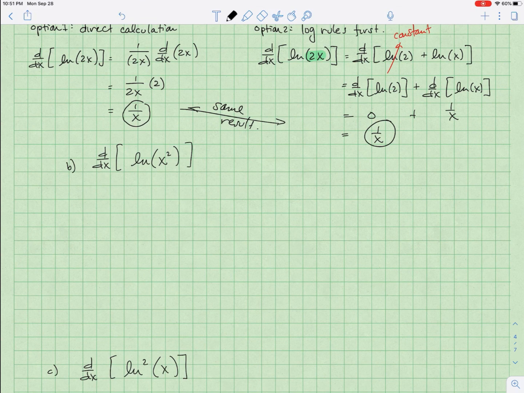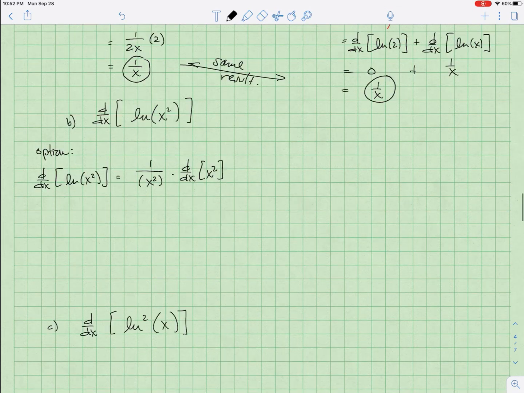Now, example B here. We can do this one of two ways. We can either do option 1 again, in which case the derivative with respect to x of the natural log of x squared is equal to 1 over the inside times the derivative of the inside, which is equal to 1 over x squared times 2x, which is equal to 2x over x squared.